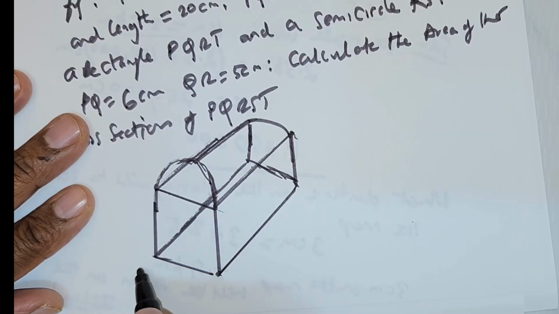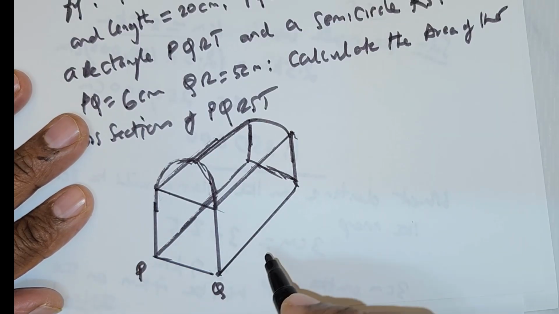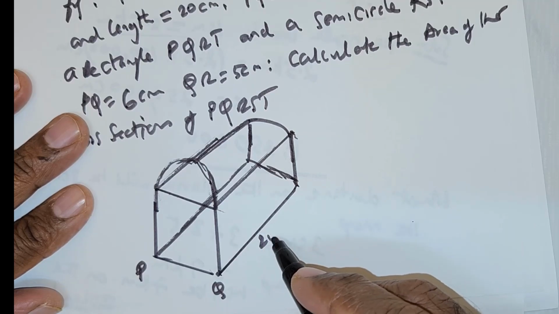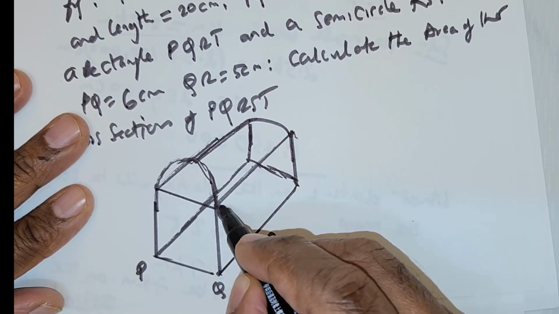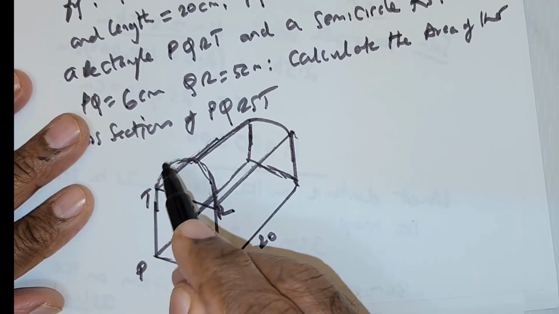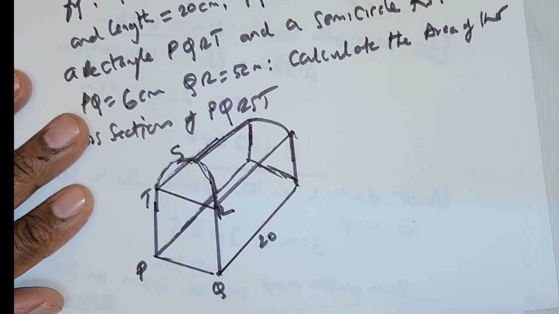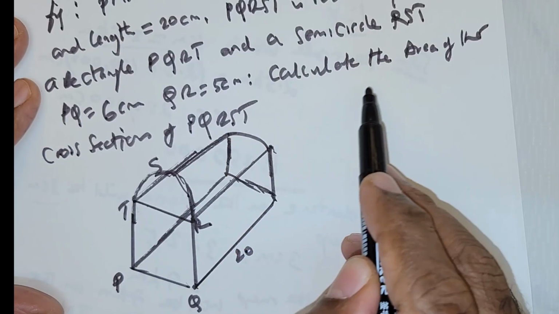So now what we have got here is we got the PQ, this length is 20, and you have the R, T and S.